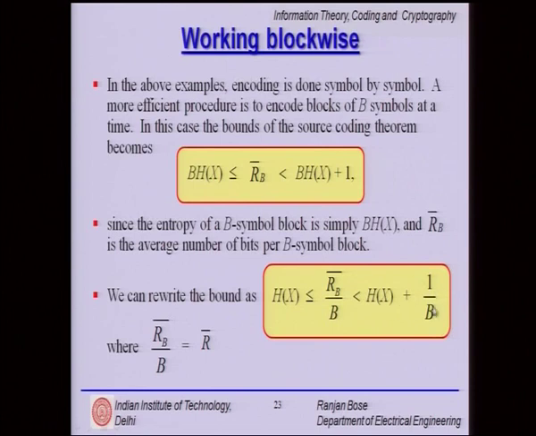Earlier it was H(X) plus 1, now it is 1 over B, and as I make the block size B larger, the upper bound squeezes and it tends to H(X). So, Huffman coding in blocks would be able to give me a much higher efficiency.